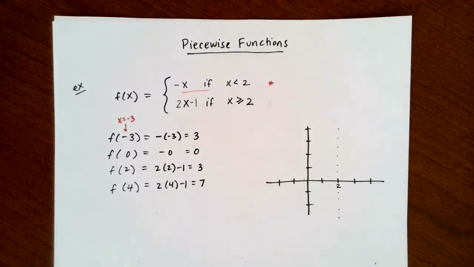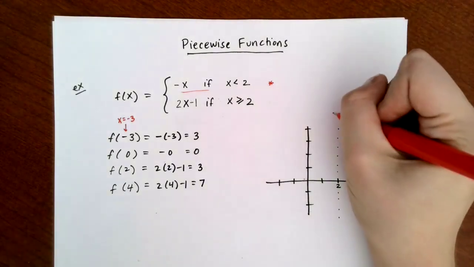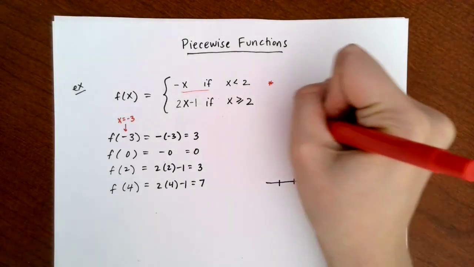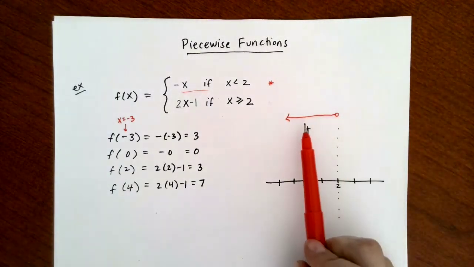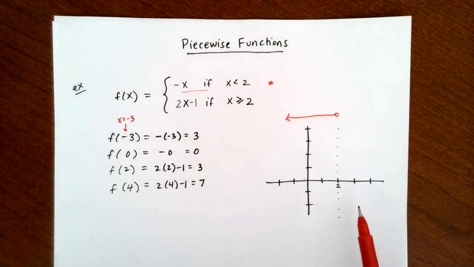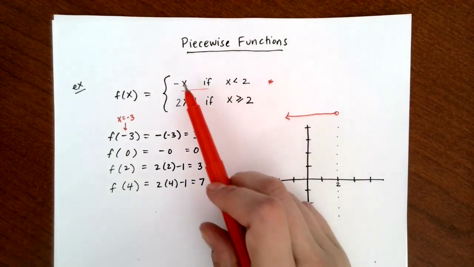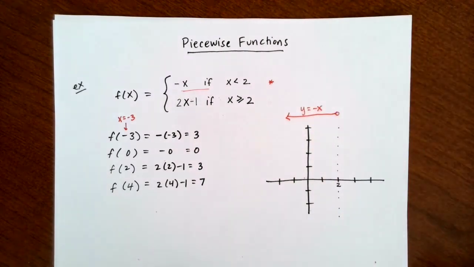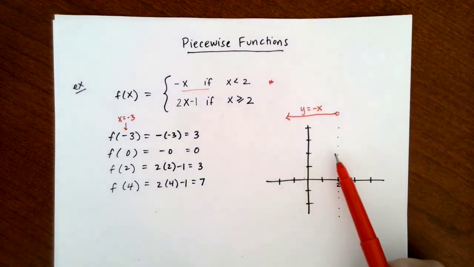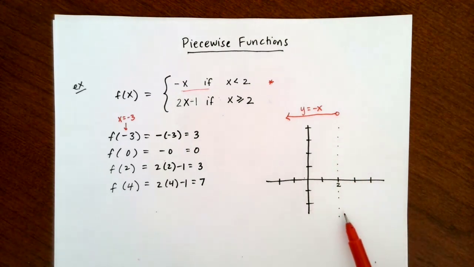So for x less than 2, that puts us over here. These are all the x's less than 2. Again, this isn't part of the graph. I'm just trying to organize stuff from my mind. So x less than 2, I'm going to use this formula. So I'm going to plot y equals -x. I'm only going to show it to here, and then I'm going to assume on this dotted line that the graph got cut, like literally cut off with scissors and tossed.